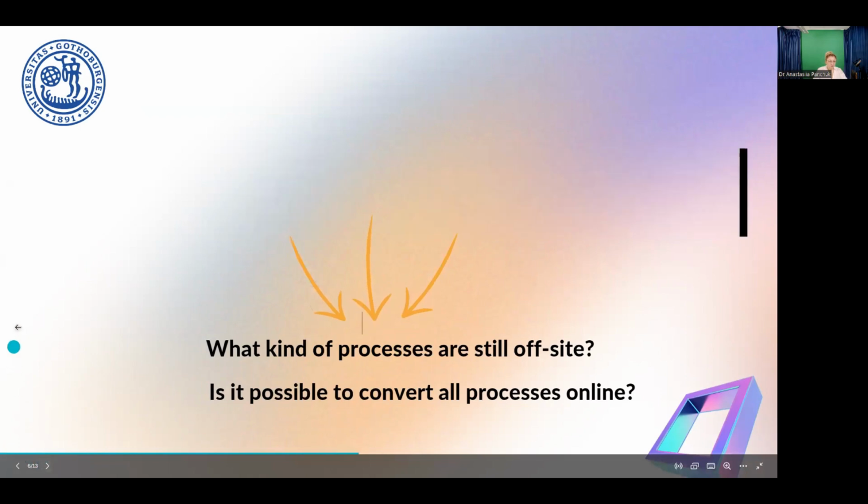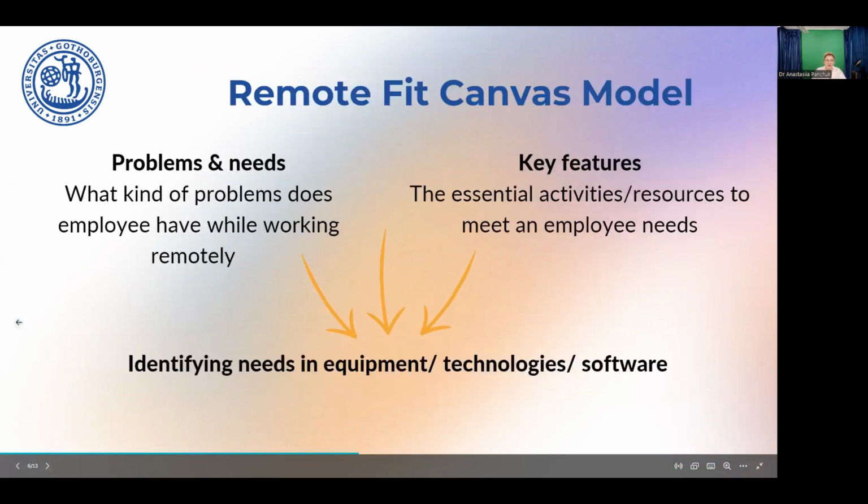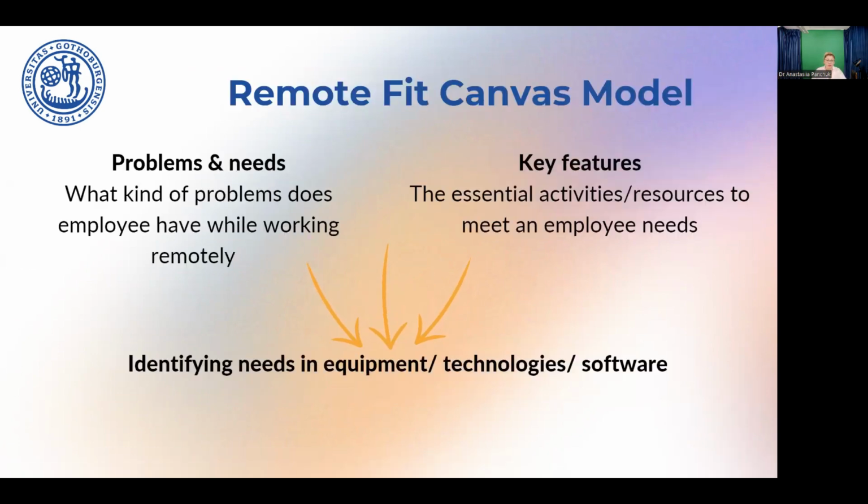The next, you should identify problems and needs of your staff. Again, ask the team members to describe what kind of problems they have while they are working remotely. And at the same time, describe the essential activities and resources, how you can meet the particular needs of your staff members or employees.